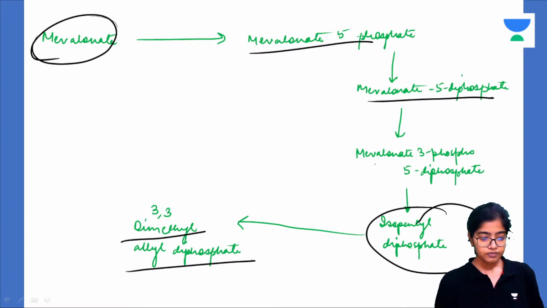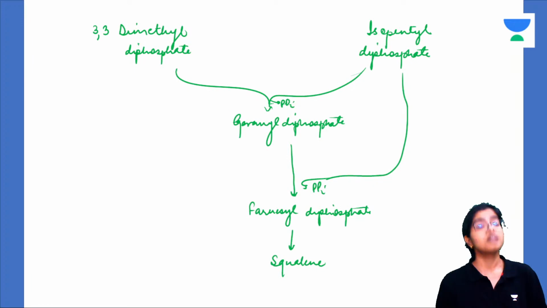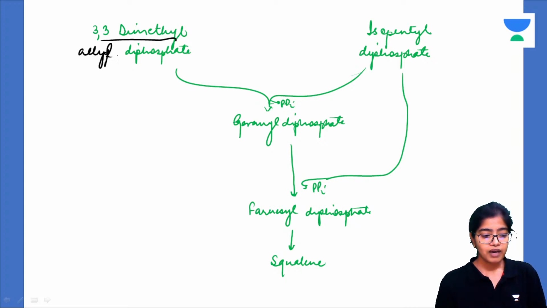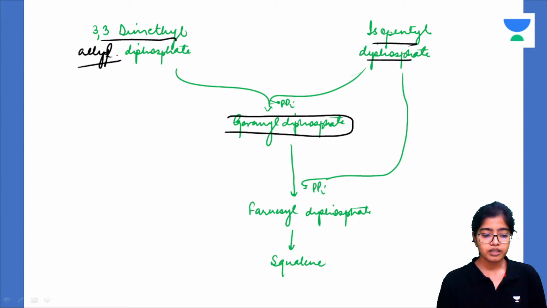Okay, now what happens is this 3,3-dimethyl diphosphate molecule will combine with isopentyl diphosphate to form an intermediate 10-carbon compound called geranyl diphosphate.